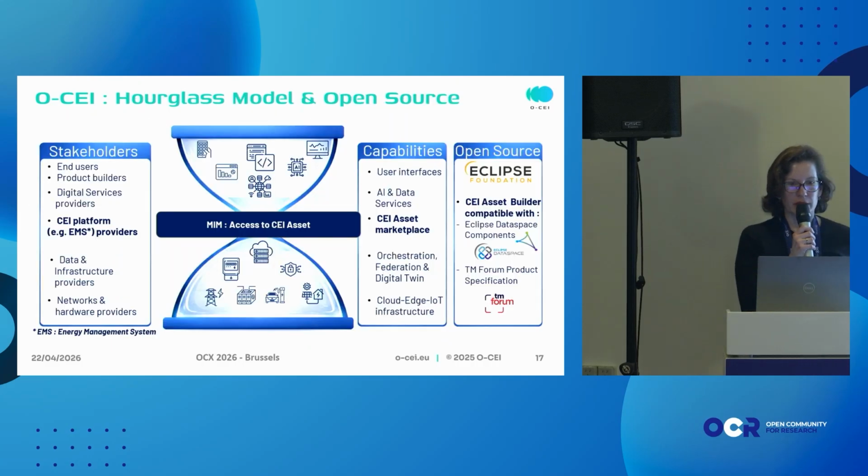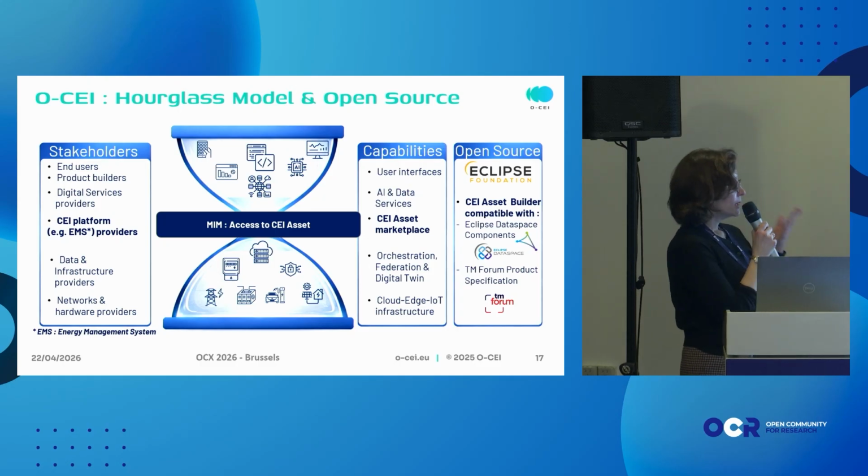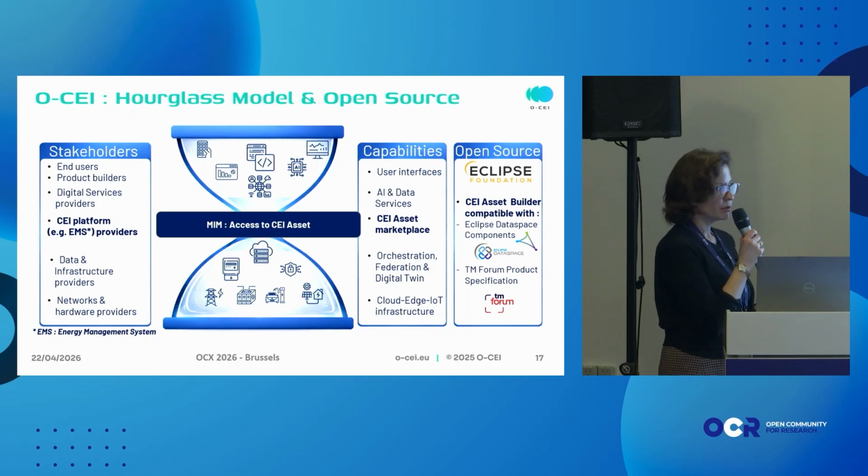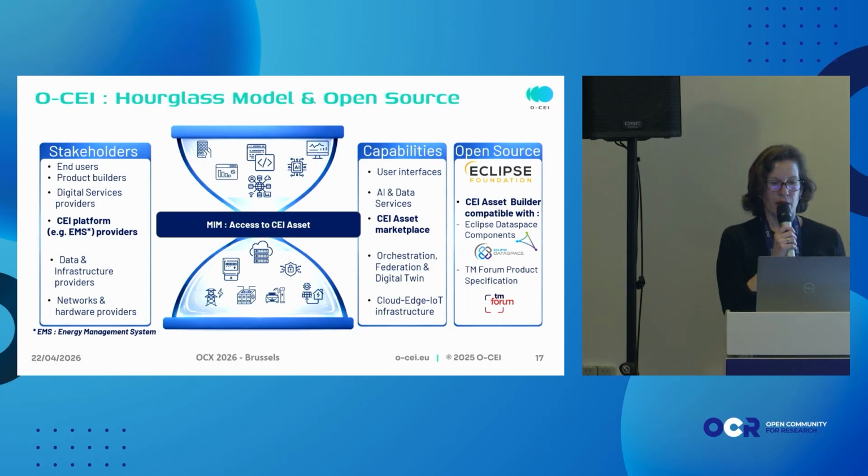So how does the Hourglass Model application in this project look? The OCI project started to adopt this methodology to describe the CEI ecosystem, and particularly the ecosystems of its large-scale pilots.